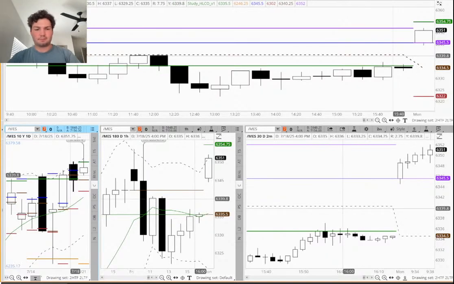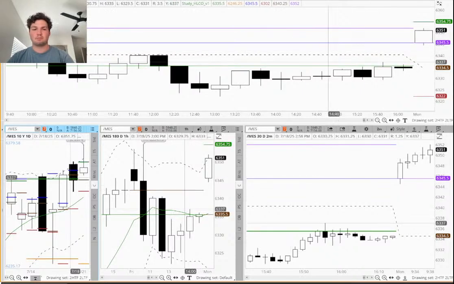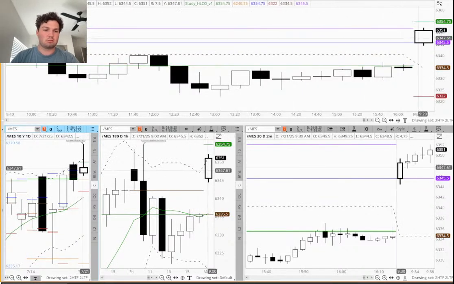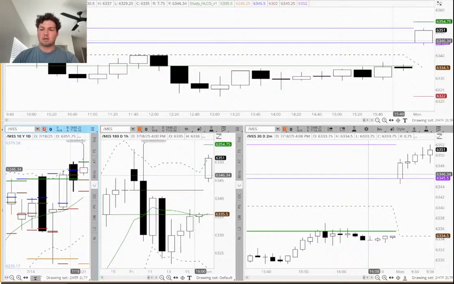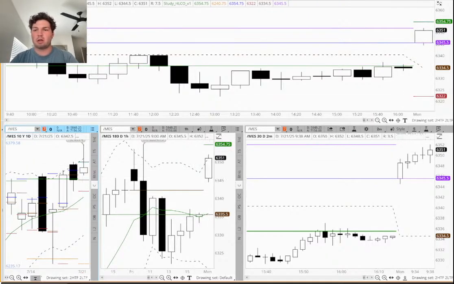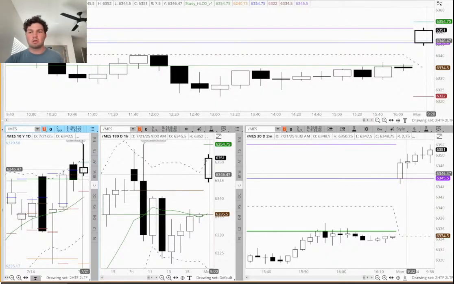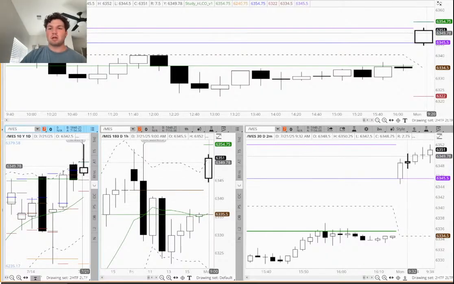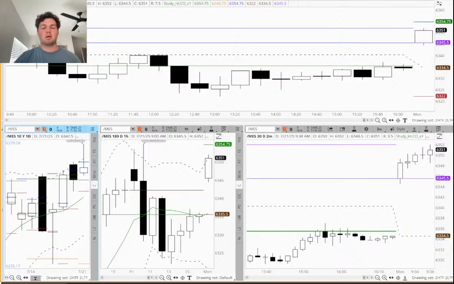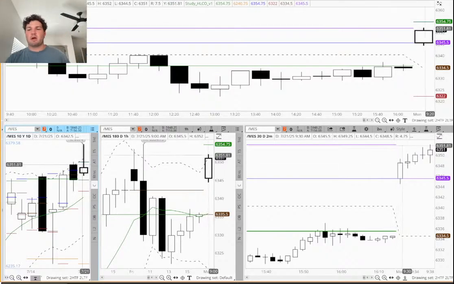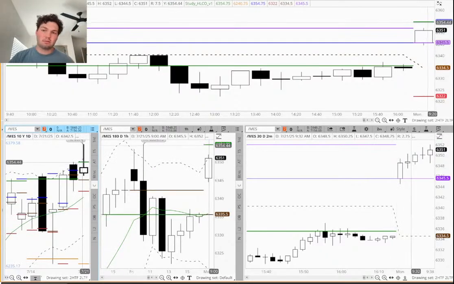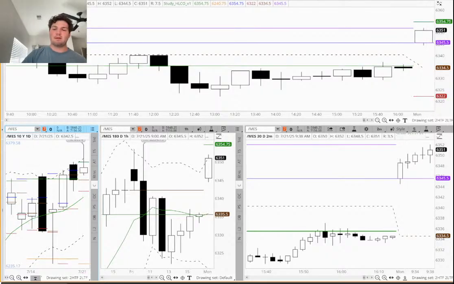Right. So this would be obviously a bar we'd want to get long. Or wait, no, we're inside the prior day range. So we wouldn't get long off of this bar. Though it's near the edge of the prior day range, so it'd be tempting to get long off of.